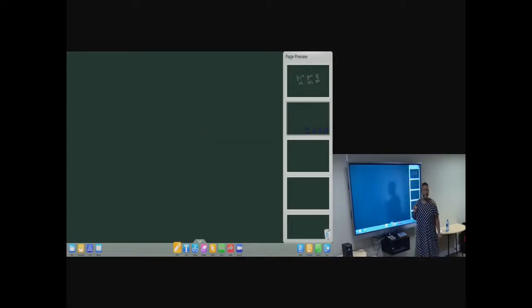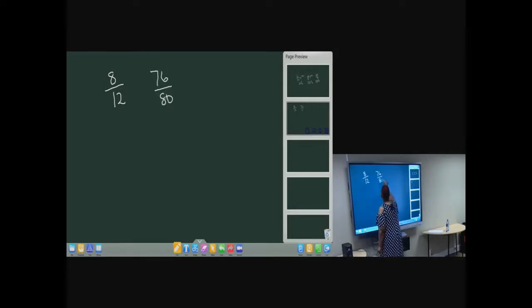Even with pass rates, let's say you had a class of 12, let's say in physical sciences, 8 out of 12 learners passed in your class, and in another class, 76 out of 80 passed. And in another one, 96 out of 100 passed.